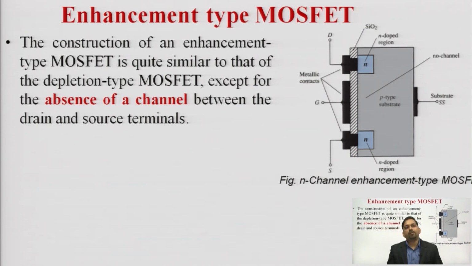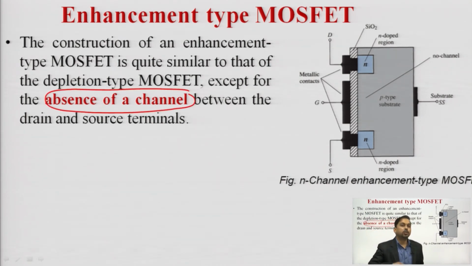The construction of the enhancement type MOSFET is quite similar to that of the depletion type MOSFET, except that there is no channel present in the enhancement type MOSFET, whereas in the depletion type MOSFET the channel was present. But we will see that this is the only major difference between the enhancement and the depletion type MOSFET. So we will see that here we have the absence of channel, meaning the channel is not present.